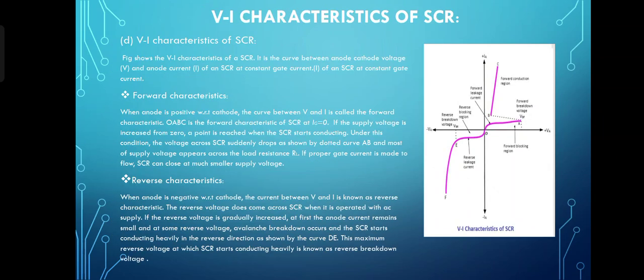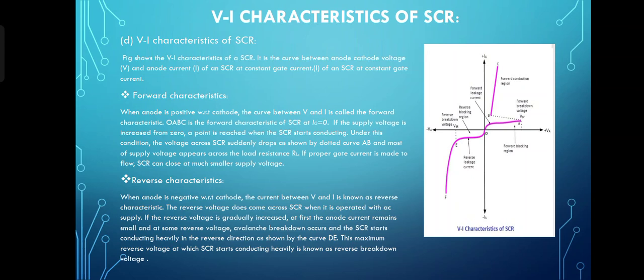The VI characteristics of silicon control rectifier. Here the image represents the VI characteristics. The figure shows the VI characteristics of an SCR, which is a curve between anode cathode voltage and anode current I of an SCR at constant gate current.